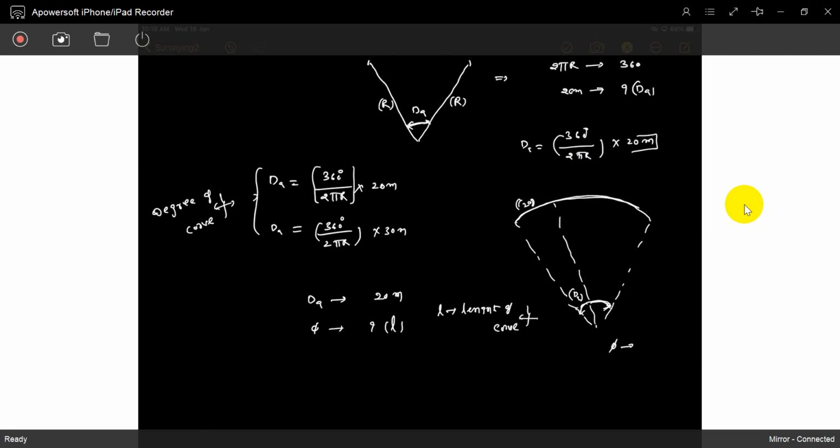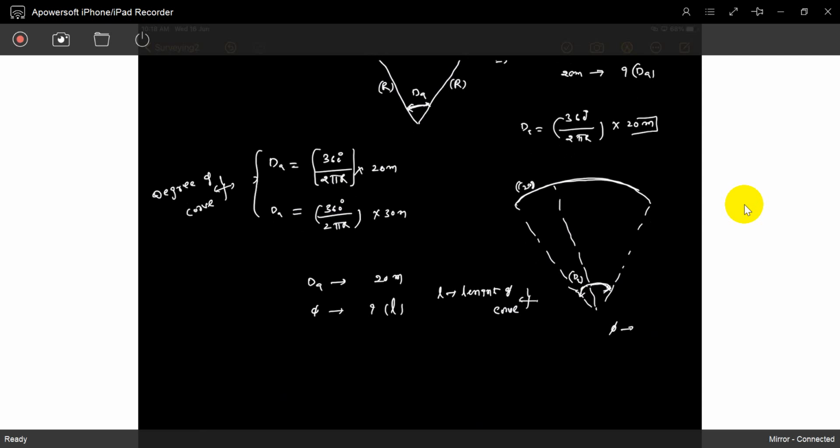These are like the unitary method calculations: if this is for this much, then for that how much? So L is equal to 20 times phi divided by dA. You can easily find the length of the curve. Are you okay? So we know the length of the curve.